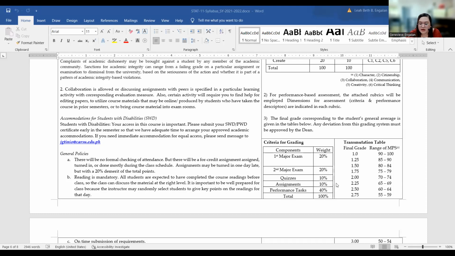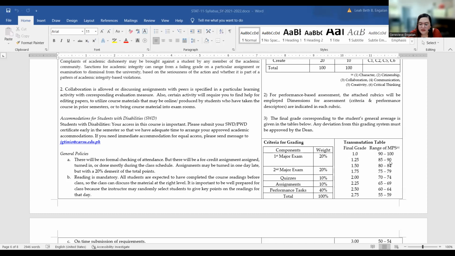Okay, so and the following is your transmuted grade. If makakuha mo 90 to 100%, that is 1.0. Okay.